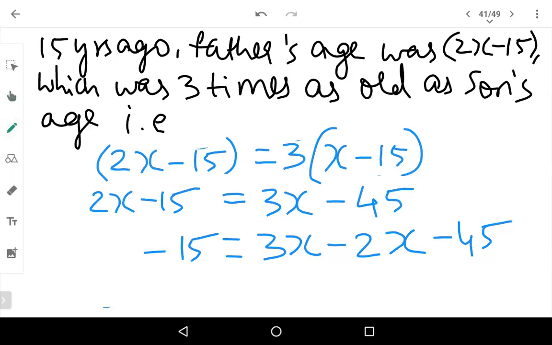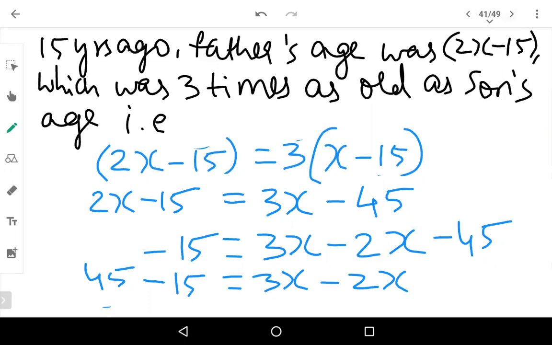Minus 45 will become plus 45. 45 minus 15 is equal to 3x minus 2x. Now, 45 minus 15 will give me how much? 30. Correct? 45 minus 15 will give me 30.